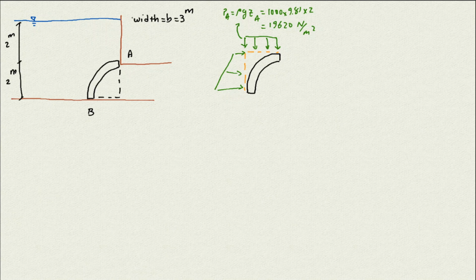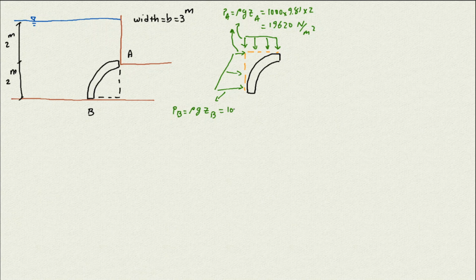So again, remember the width of the gate is 3 meters, so it has the 3 meter width normal to the screen. We always see the front face of that, but it has the third dimension. Here the pressure at this point is again exactly the PA, because they both have the same depth. And here we have the pressure at point B, which is going to be rho g ZB.